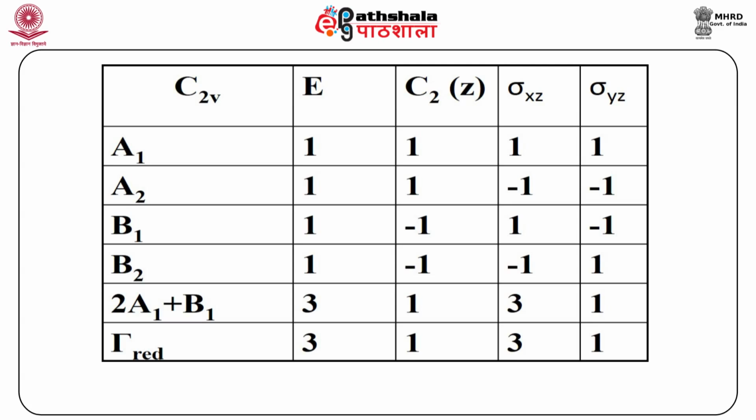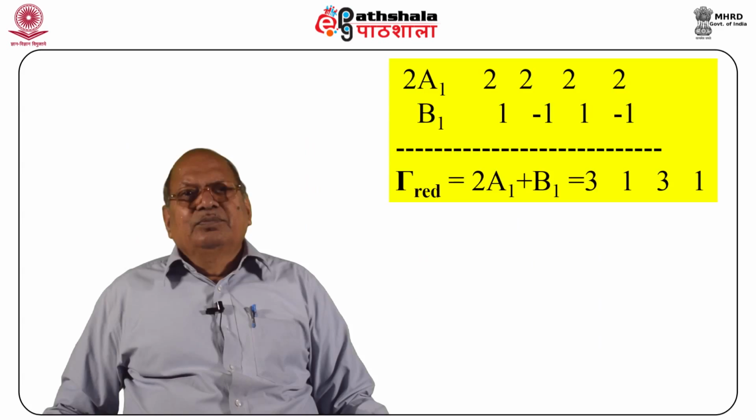That is, just by direct inspection for simple molecules, just by looking at the characters of the irreducible representations, I can reduce the reducible representation. As given over here, 2A1 characters are 2, 2, 2, 2 and B1 characters are 1, minus 1, 1, minus 1, and therefore tau reducible is 2A1 plus B1, which is equal to 3, 1, 3, 1.